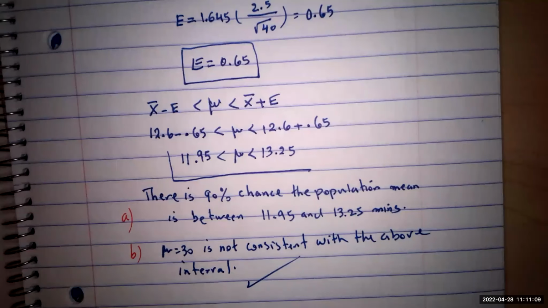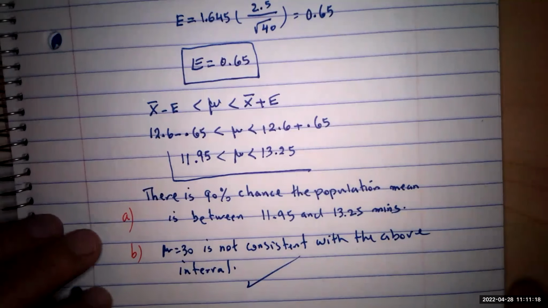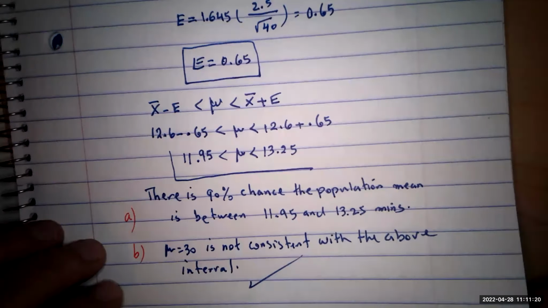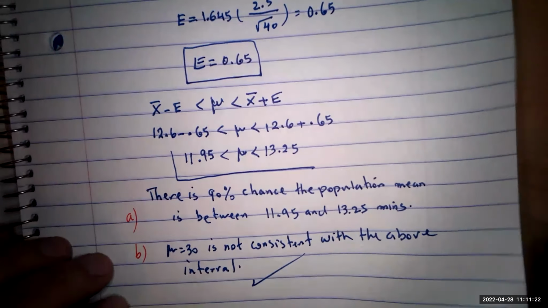This is what we call the minimum sample size problem. So n is missing. They give you the marginal error, and the way they express it is with something like within 5 minutes, $2, etc. So that would be your second problem on the confidence interval when the sigma is known.